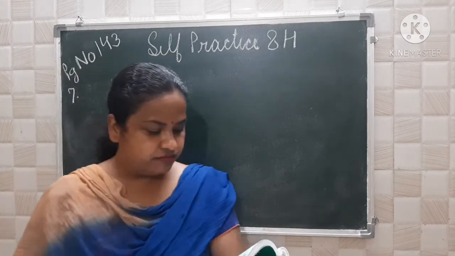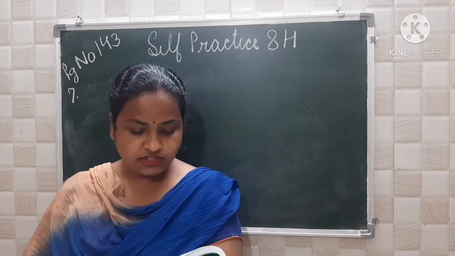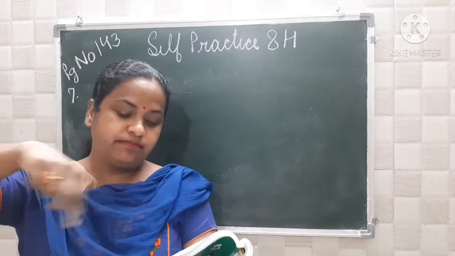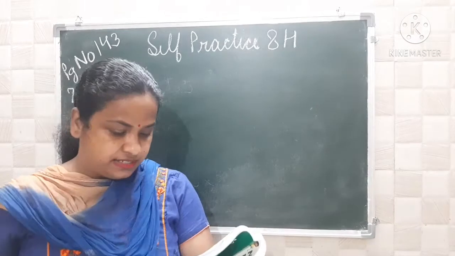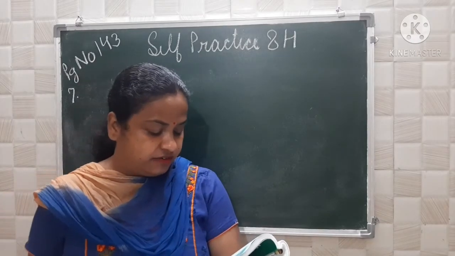In what time will 1860 amount to 2641.20 at simple interest of 12% per annum? In what time?